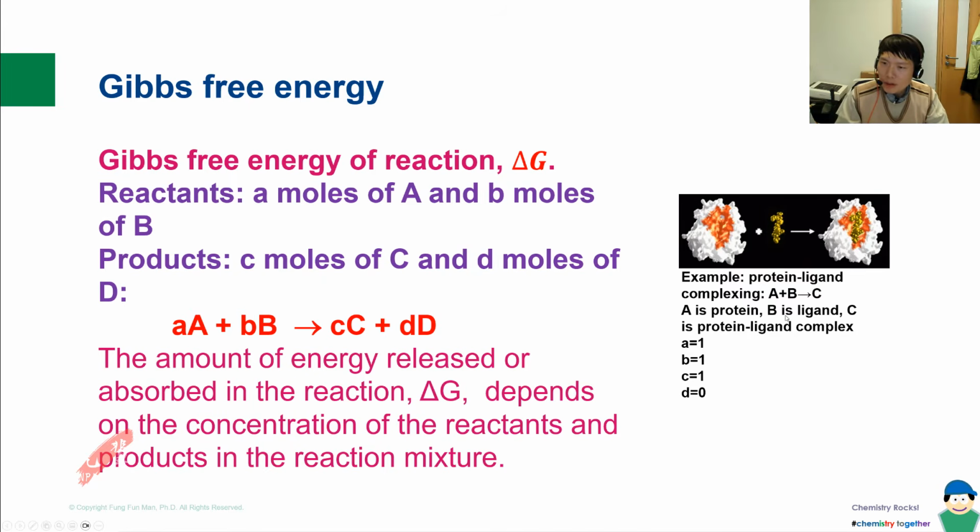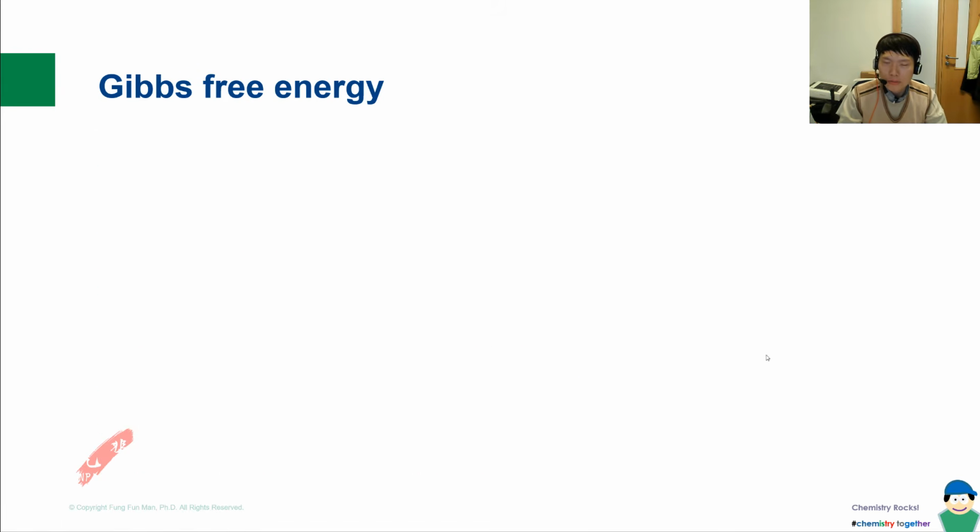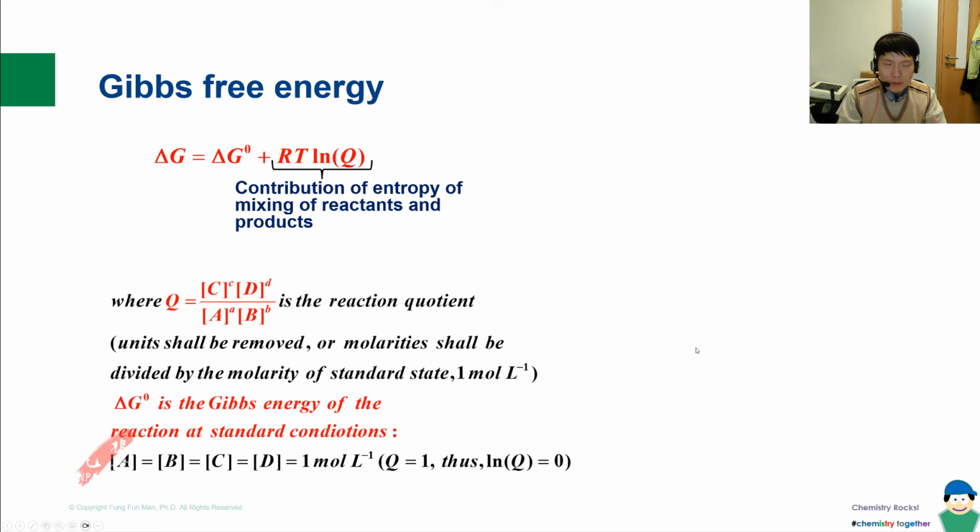An example is a protein ligand complexing, becoming more random here. So you have A plus B giving you C, because there's no D, there's only one product here. So I put 1, 1, 1, 0. Hope you know the translation. More equations there. Delta G equals delta G naught plus RT ln Q, where naught is the standard Gibbs free energy.